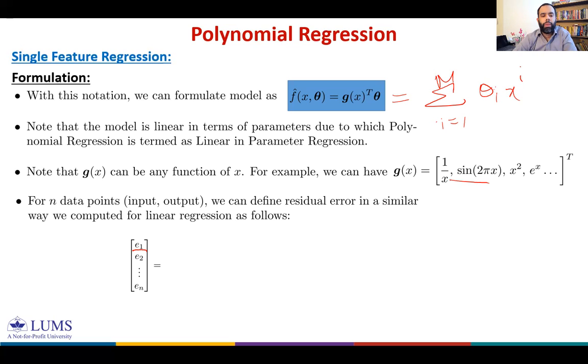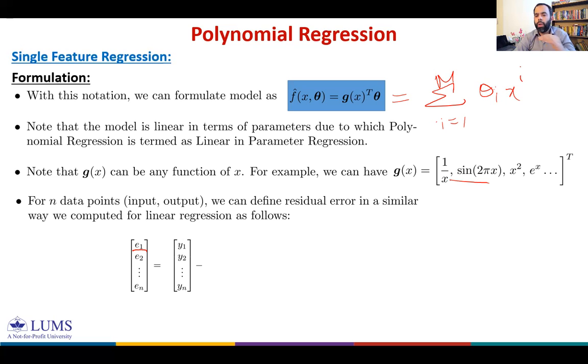So e1 would be given by y1 minus what is predicted by the model, and that is simply g of x1 transpose theta. What is g of x1? 1, x1, x1 squared, and so on and so forth, up to x1 to the power m.